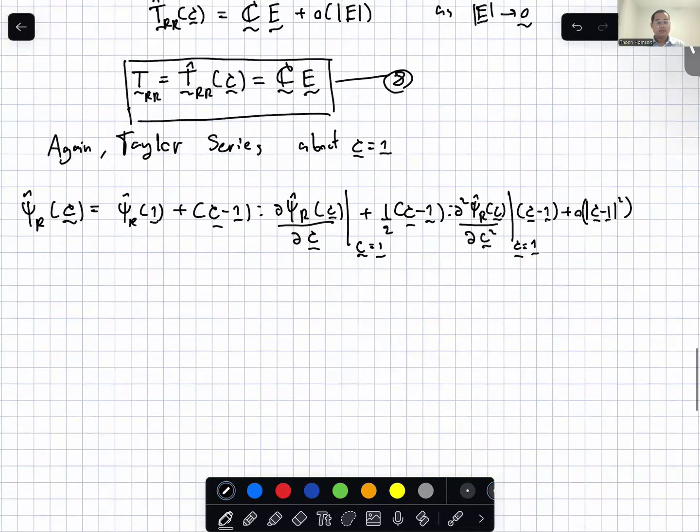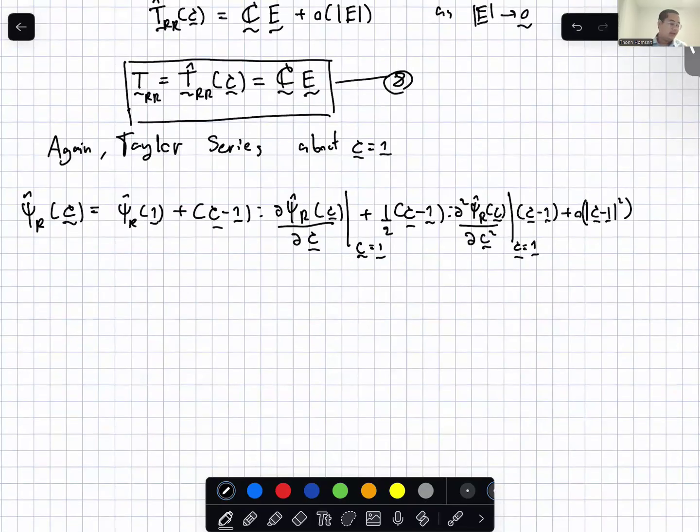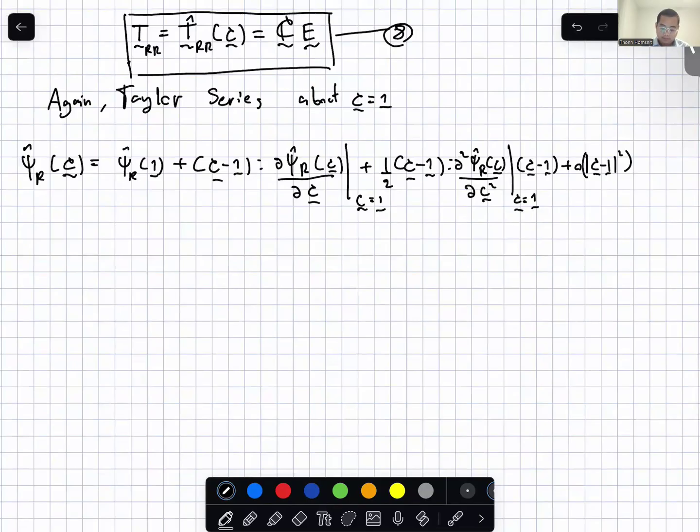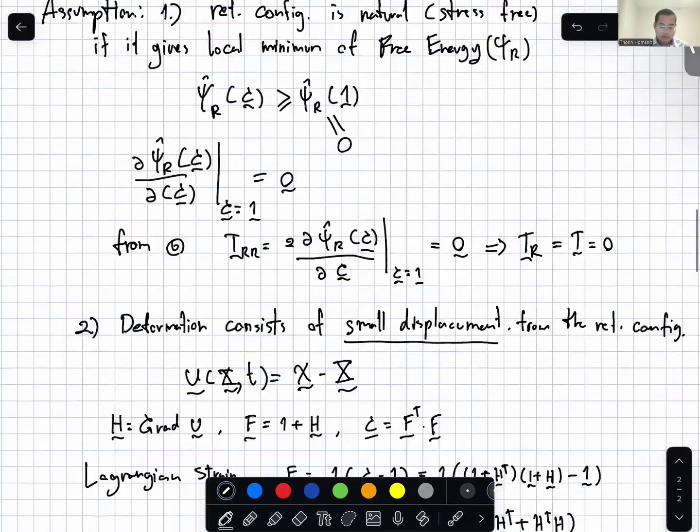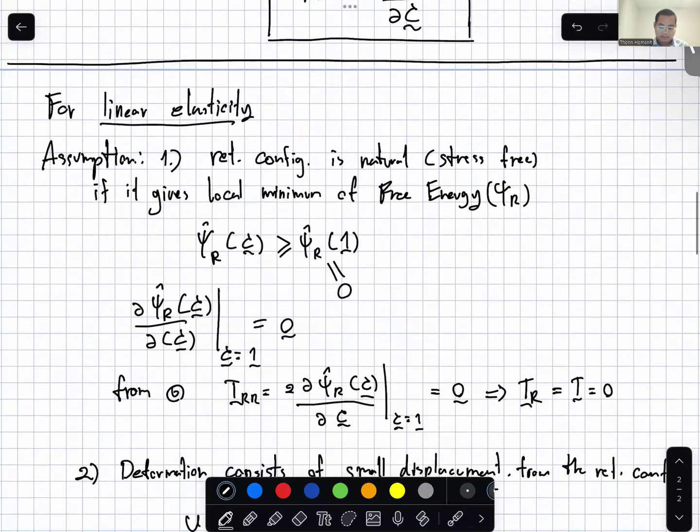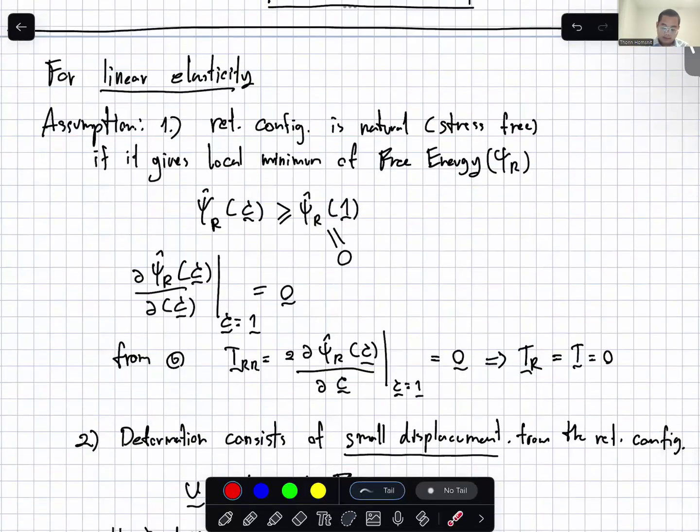All right. This looks big and like a mess if we don't know any information beforehand. Luckily, we know from assumption 1, so how can we take advantage of what we have before? Scrolling up to assumption number 1, we see that we defined the free energy when C is equal to 1 to be 0, and the partial derivative is also equal to 0 when evaluated at C equal to 1.